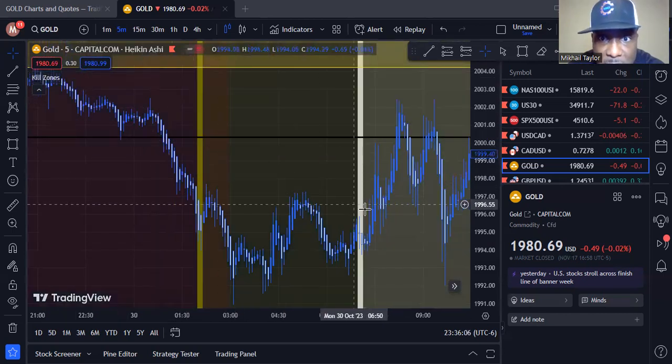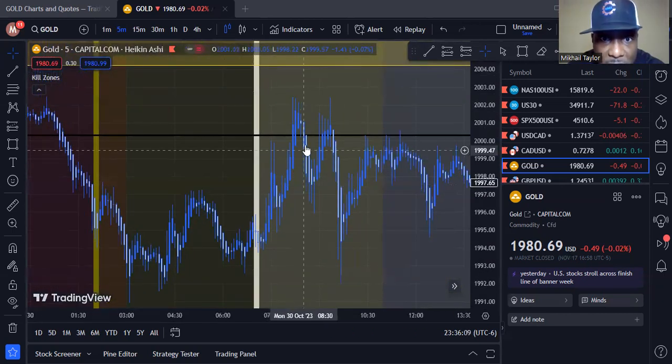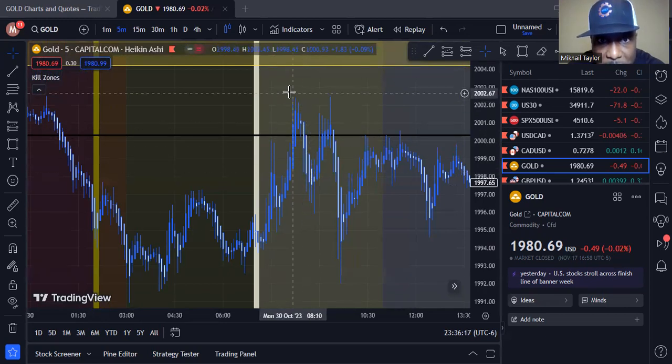Let me see the next time it broke out. Next time it broke out would have been here. And I would have probably said, okay, I'm looking for this strong candle. Would have broke out here. I would have probably set my stop limit here, or maybe a little bit closer here, closer to the box.